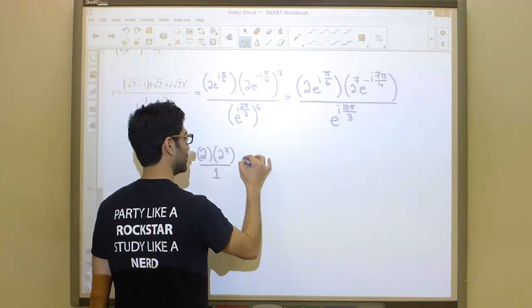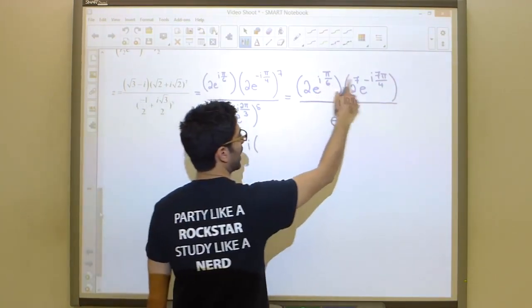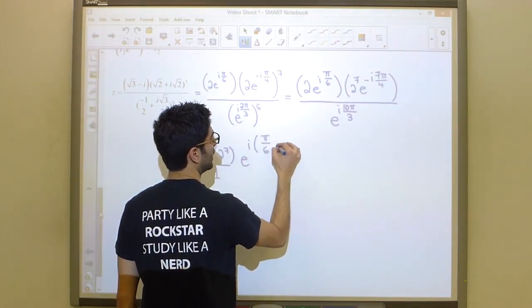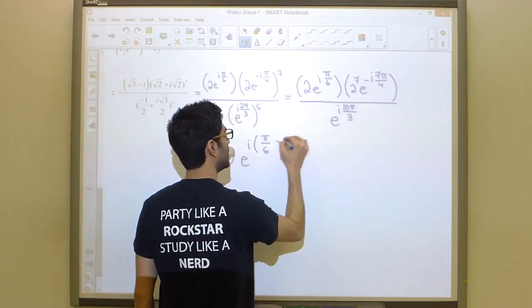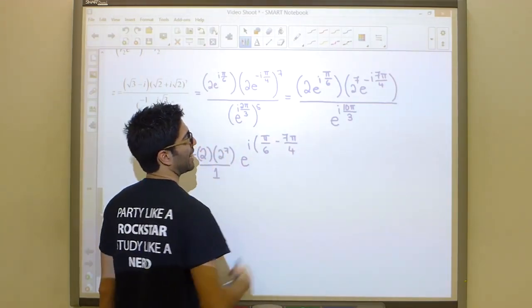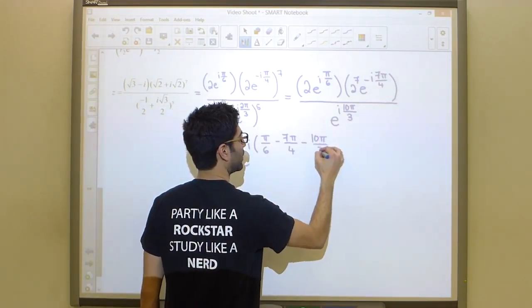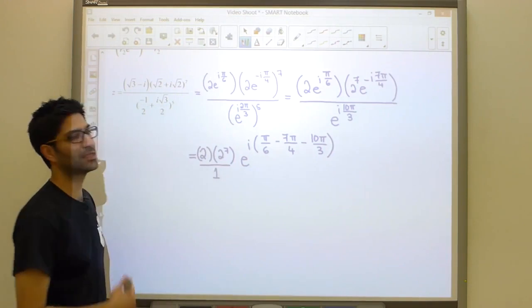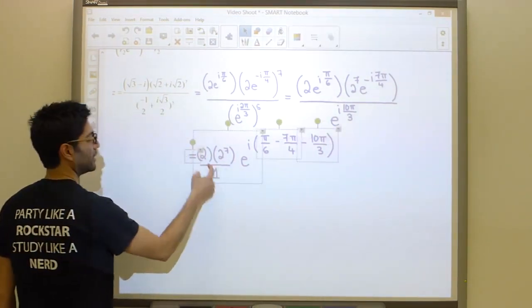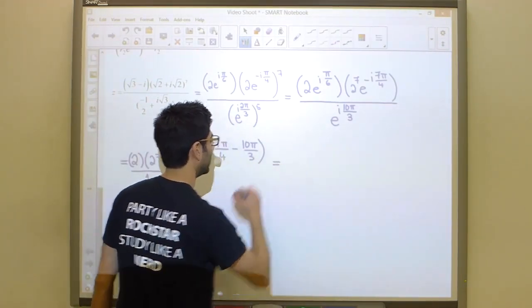Now let's deal with the angles. e to the i, open bracket. Since these two are being multiplied, the angles are simply going to be added. So pi over 6 plus negative 7 pi over 4, and I'm going to subtract this angle, so minus 10 pi over 3. All in one step. So all we've got to do here is put each piece in our calculator to get our final answer.